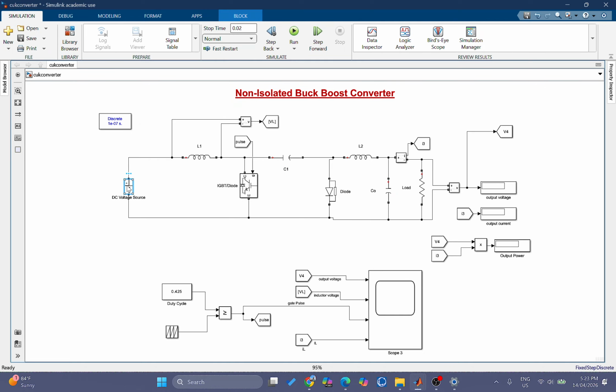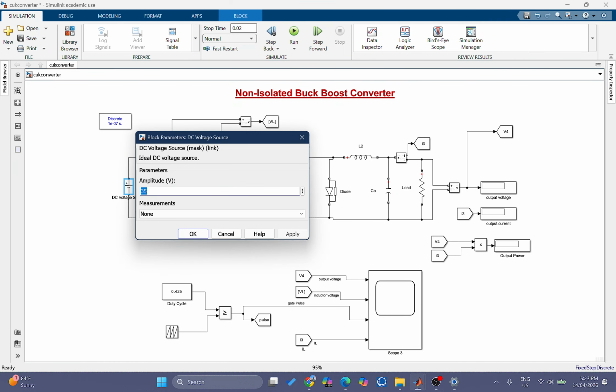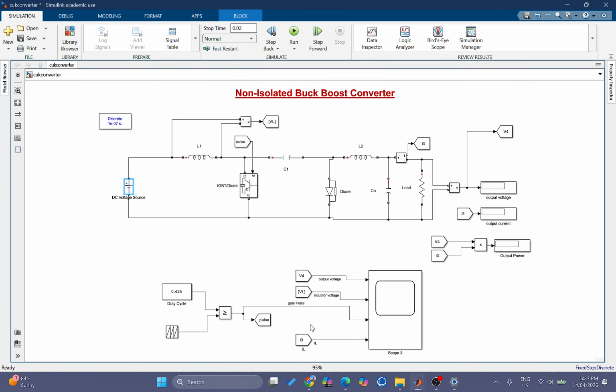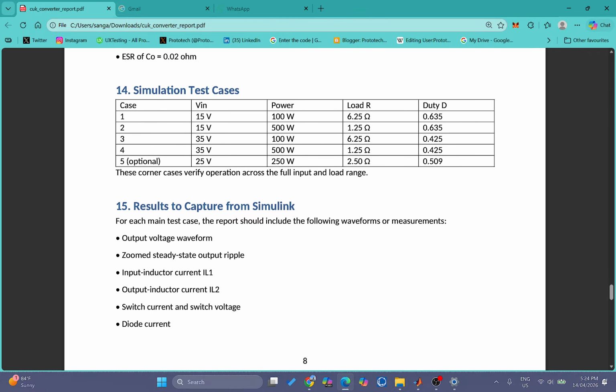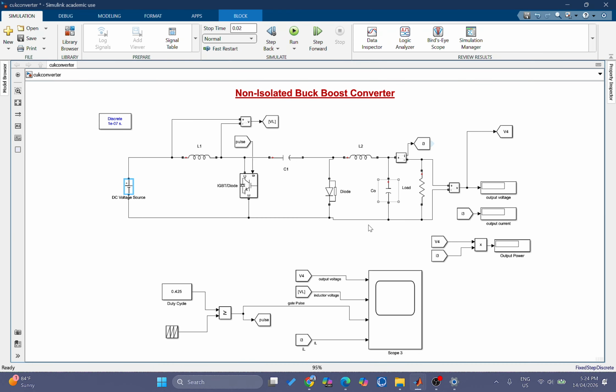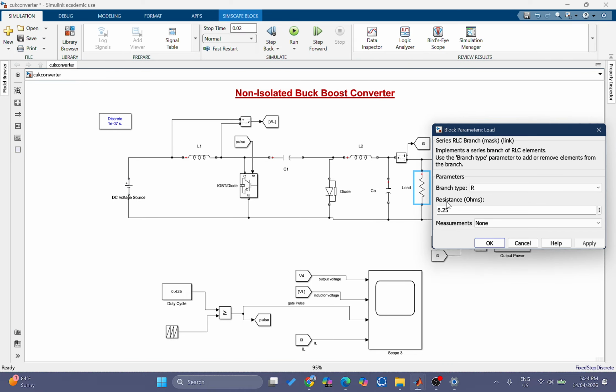Now we have the input voltage of 35. So at 35 volt, our load resistance is the one I already have, 6.25 ohms.